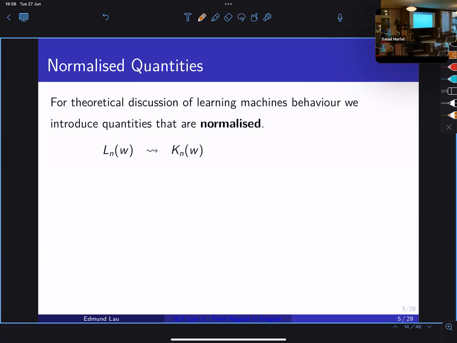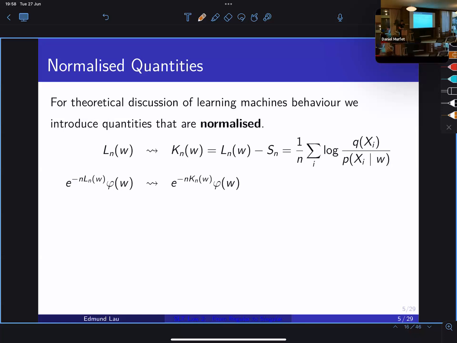But if you want to say something about how well this learning machine will approximate some true distribution, this is where you start to compare what you get to the true distribution, right? And these quantities are normalized by the true distribution. For example, the likelihood function is normalized by the empirical entropy of the true distribution, which is very much akin to zeroing the ground state energy in physics, right? I only say akin because this is a stochastic quantity.